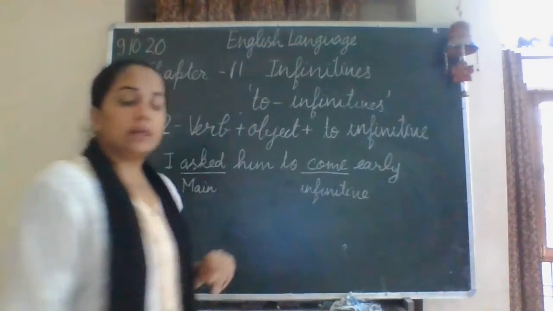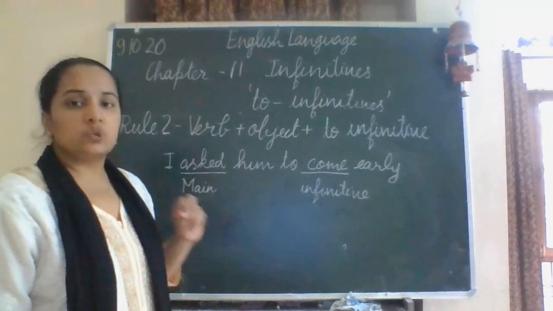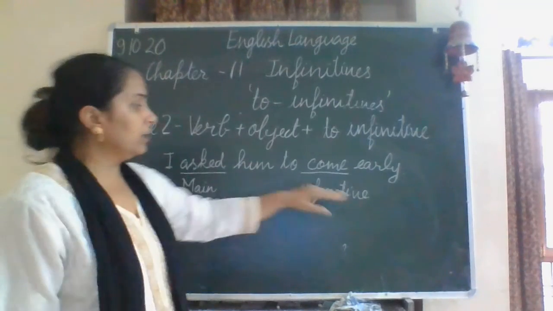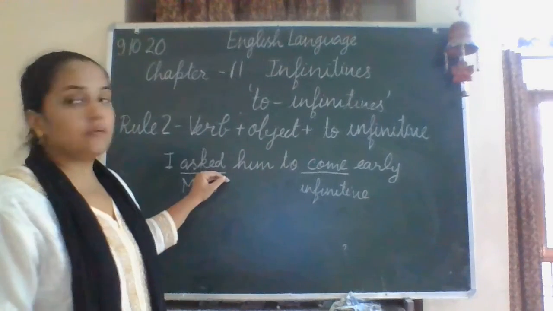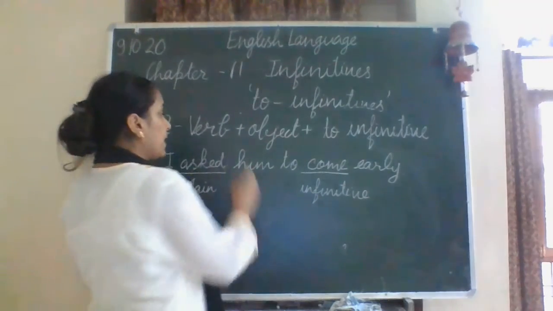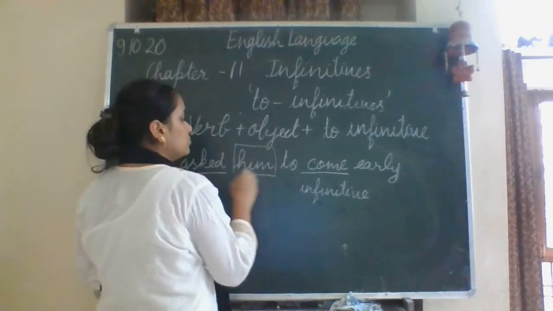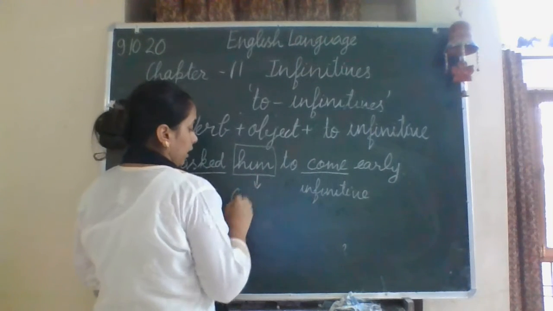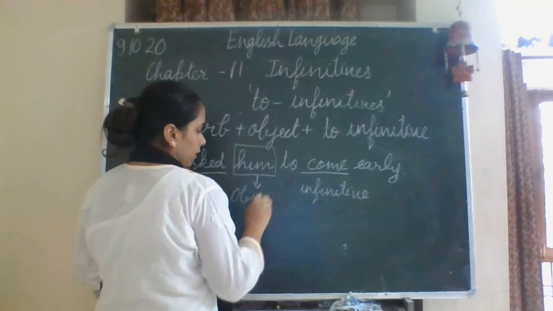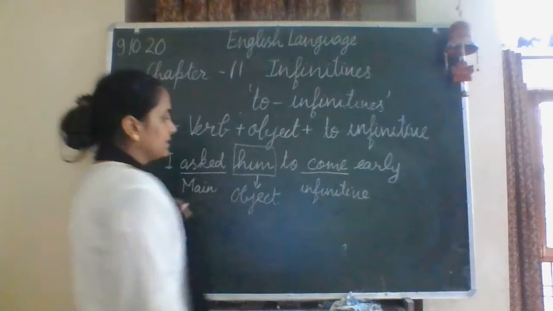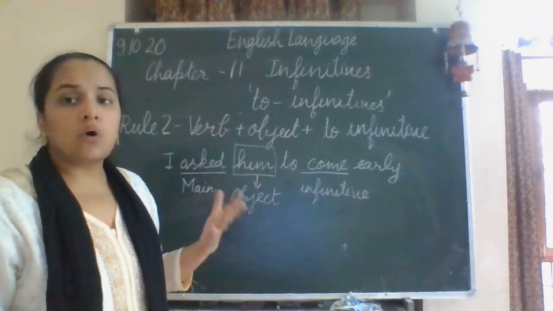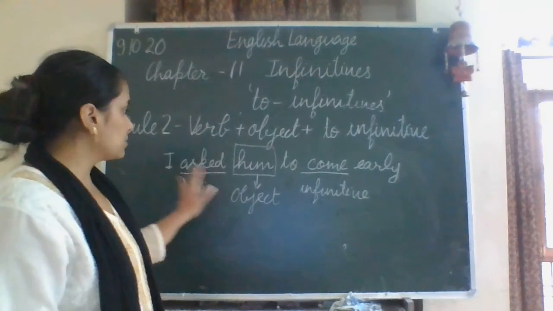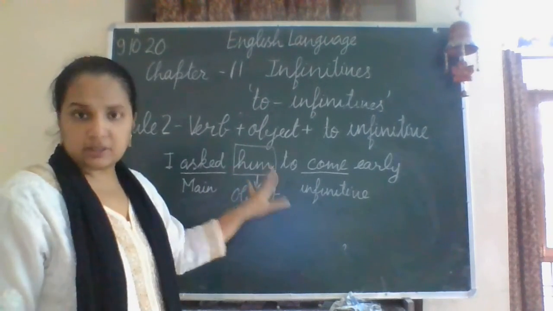And here in this sentence, you can see that the infinitive verb is not written just after the main verb, but there is an object in between. That is him. We have discussed the rules of the tenses: subject, verb, object.